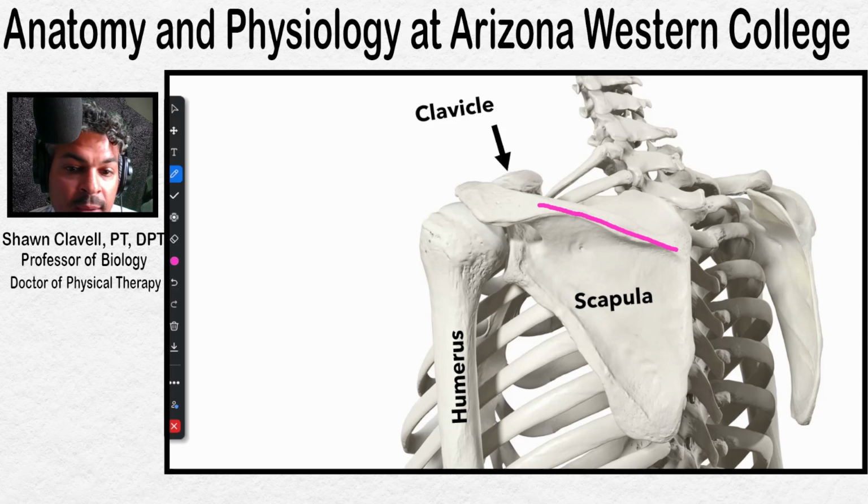So that goes towards the back. And so that's a major landmark that we tend to see here. It's called the spine of the scapula. Maybe I'll just throw some arrows to it.